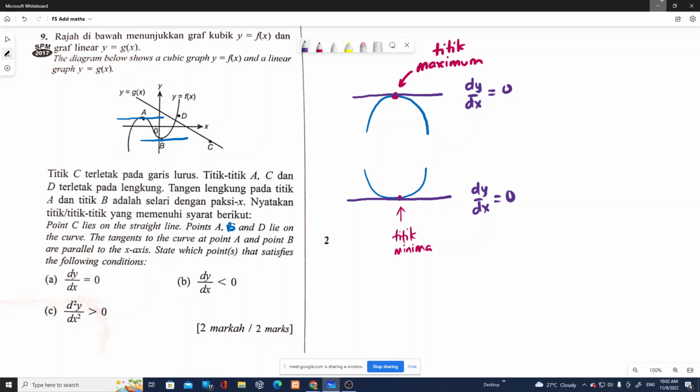And then what else can you say about the d square y over dx square? d square y over dx square will tell you whether that point is a minimum as well as whether it's maximum.